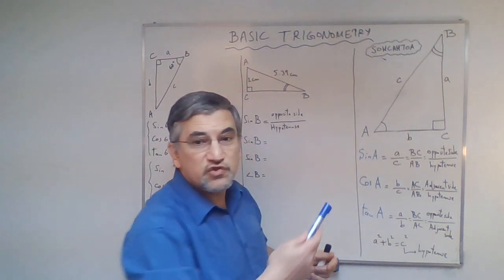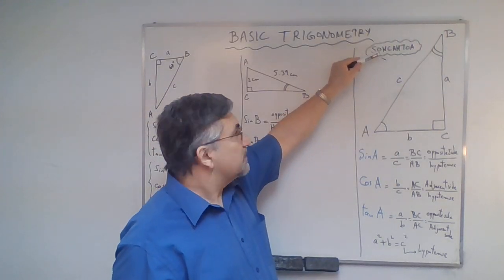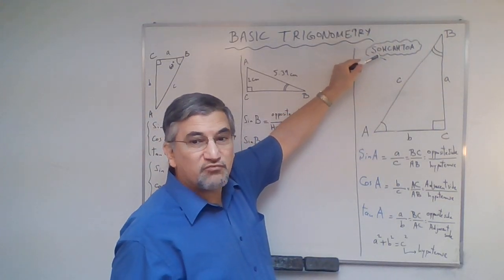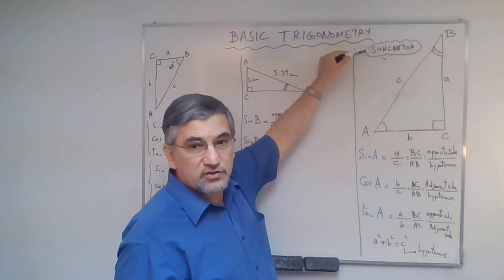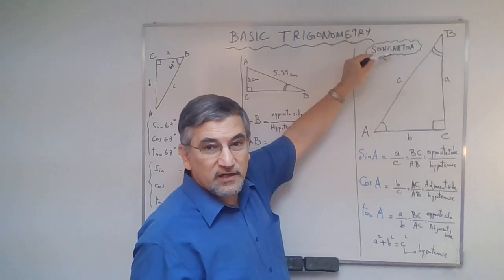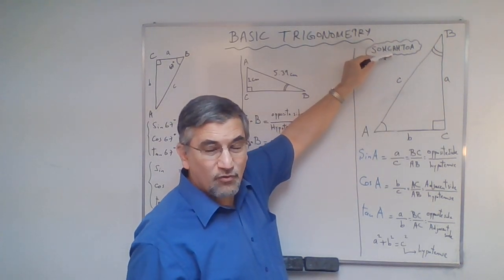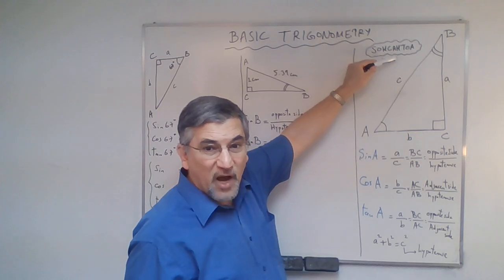So S stands for sine. Now watch here. Sine. O stands for opposite. H stands for hypotenuse. So that reminds you of sine is the ratio of opposite over hypotenuse. And then CAH stands for cosine adjacent hypotenuse. So that reminds you that cosine, C stands for cosine, is the ratio of adjacent over hypotenuse.